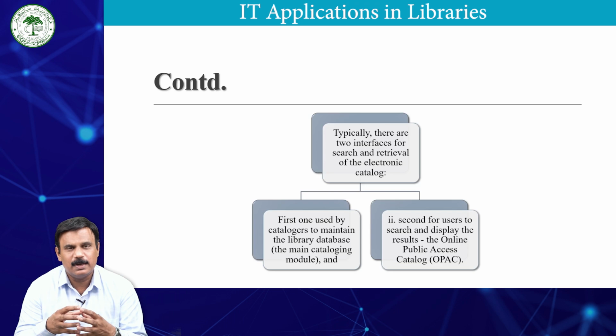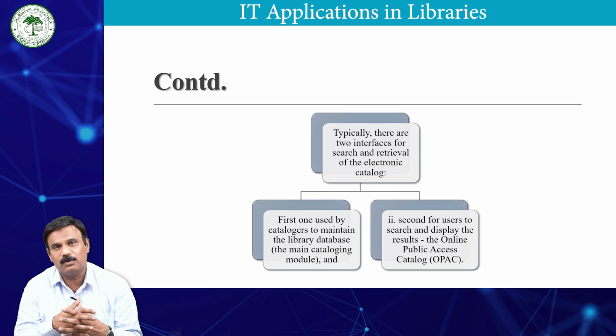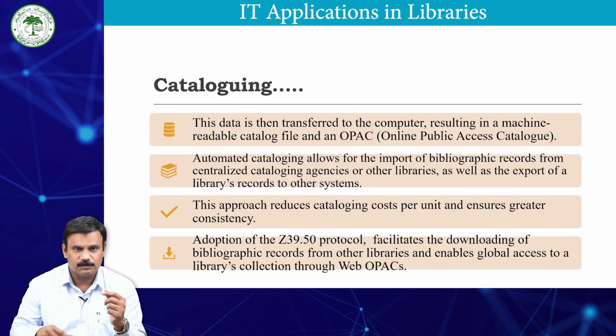The first is used by catalogers to maintain the library database, the main cataloging module, and the second is for users to search and display the results. That is the online public access catalog, the result of the cataloging.